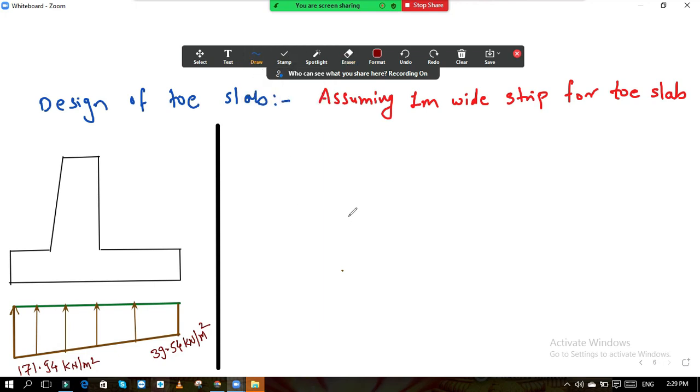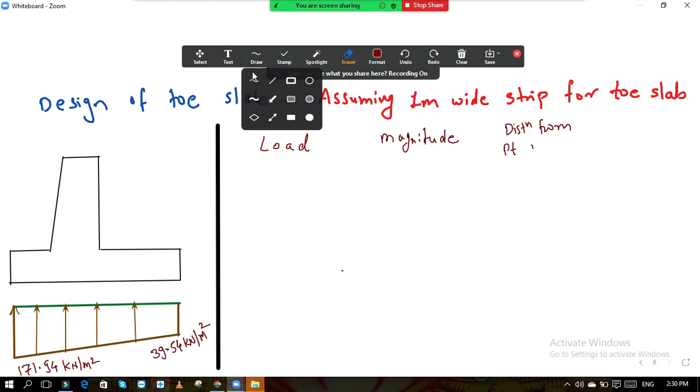So now here again, load, again load, then magnitude, distance from point B. Now it is not distance from point B, let us say that it is point C. So distance from point C, and we will give that point the name C. This is our C point, this point over here, which is on this line.